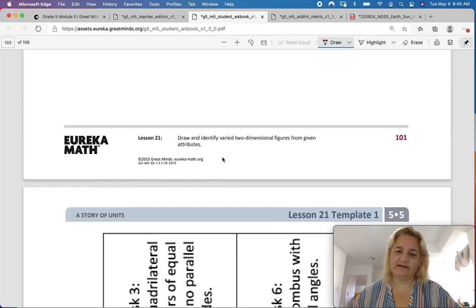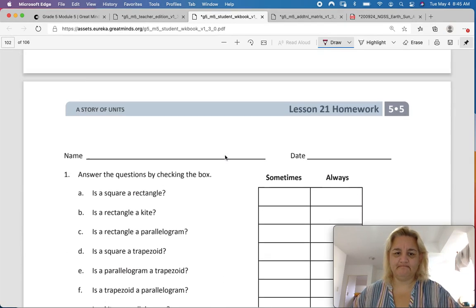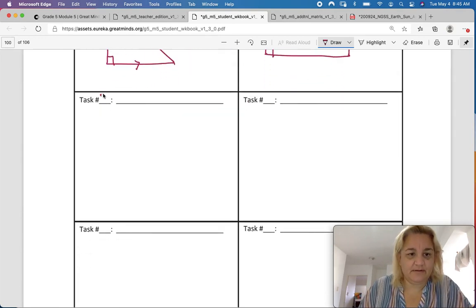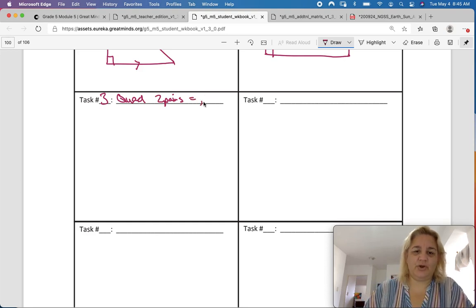Okay. So let's think about that. Task 3 is a quadrilateral with 2 pairs equal and no, what was it? No parallel sides.